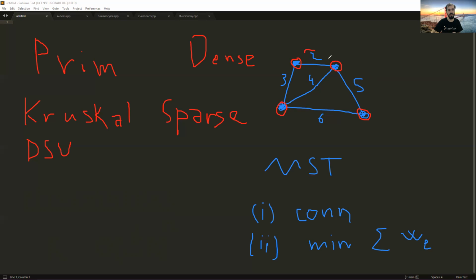Well, it's by taking the minimum weight edge, right? So we take 2, and it unites two sets. Now these two sets are gone, and we have this set.